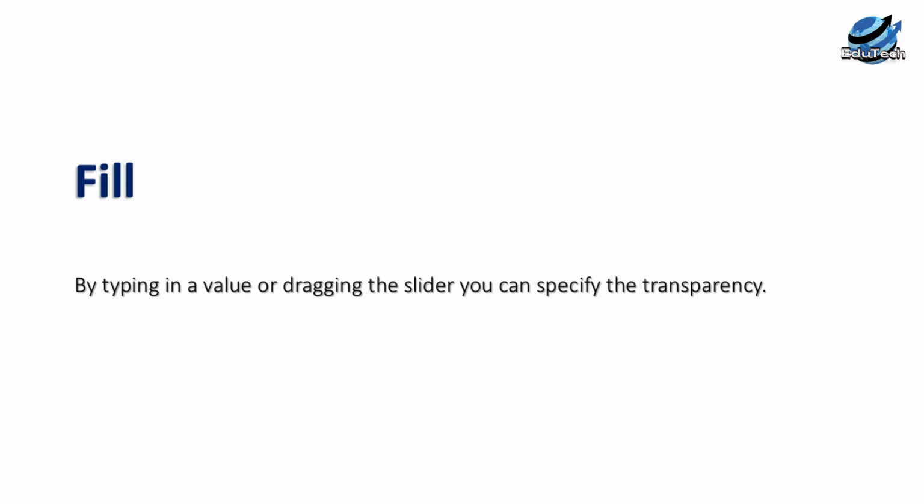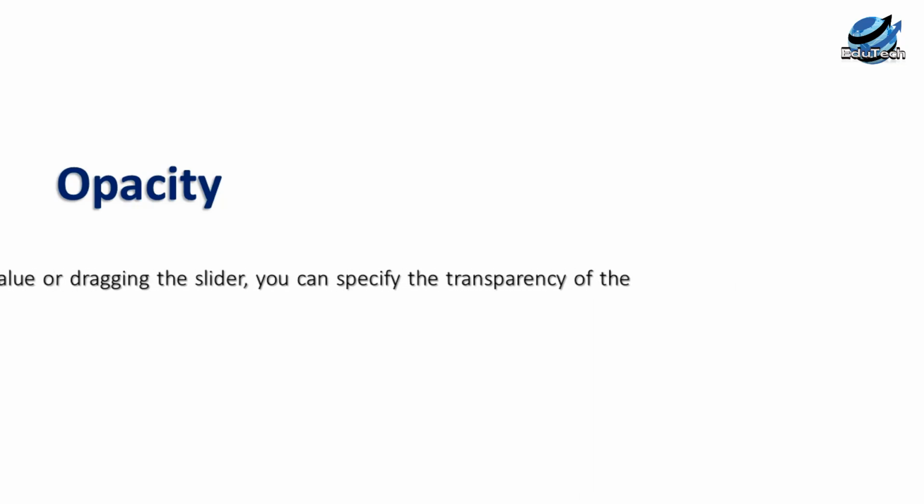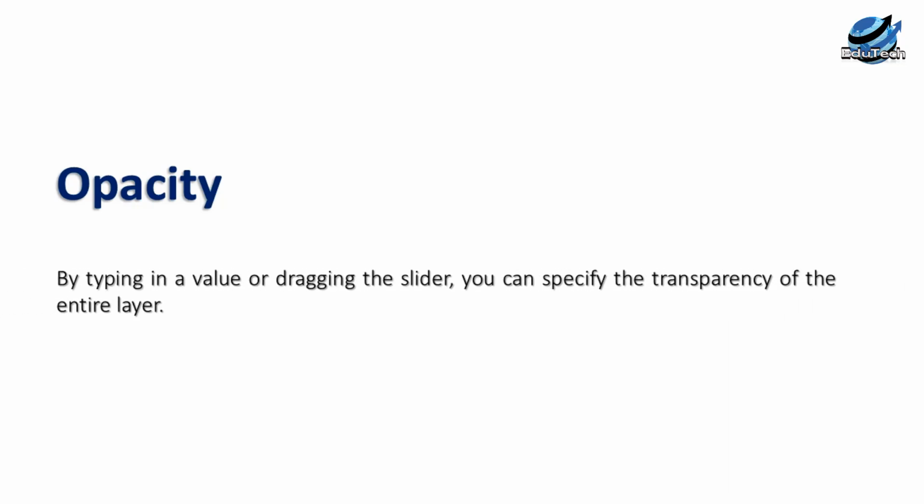By typing in a value or dragging the slider, you can specify the transparency. Opacity. By typing in a value or dragging the slider, you can specify the transparency of the entire layer.